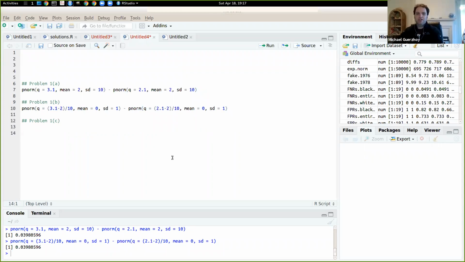What we'll do is generate data from the original distribution, mean 2, SD 10, and see how often the x's fall between 2.1 and 3.1. So I'll say x is rnorm, and here this is as many as they want. The more samples they generate, the more accurate the estimate is going to be. So rnorm this, and we'll say mean is 2 and SD is 10.